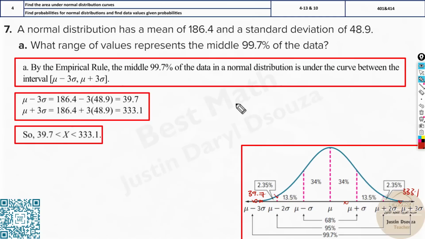Now it is within this range from 39.7 to 333.1, so x is less than the higher value but greater than the lower one. So we just write it like that.